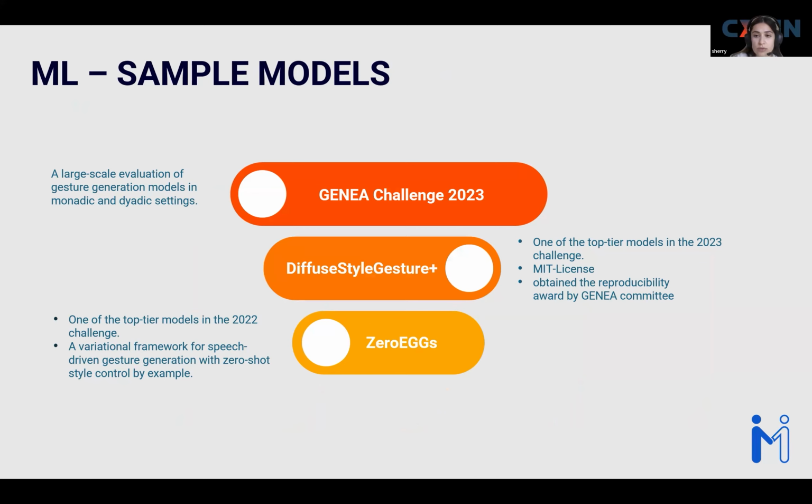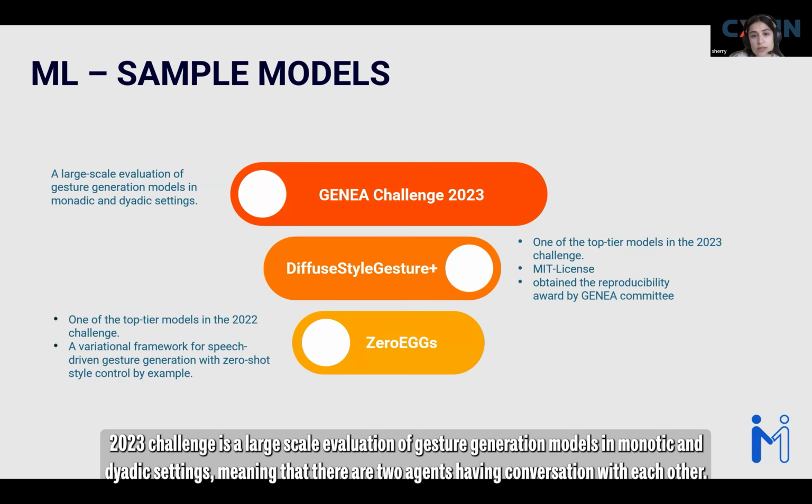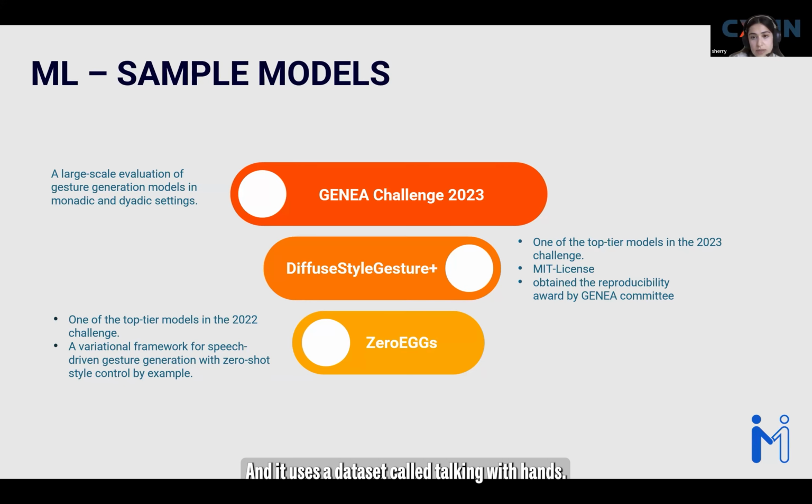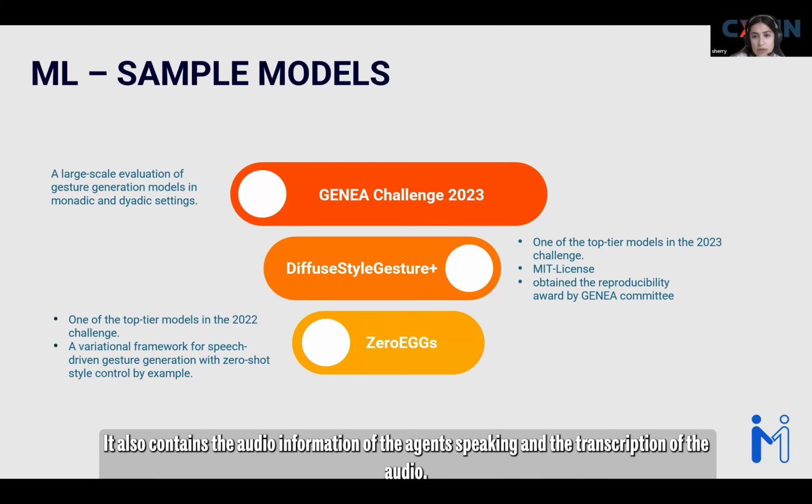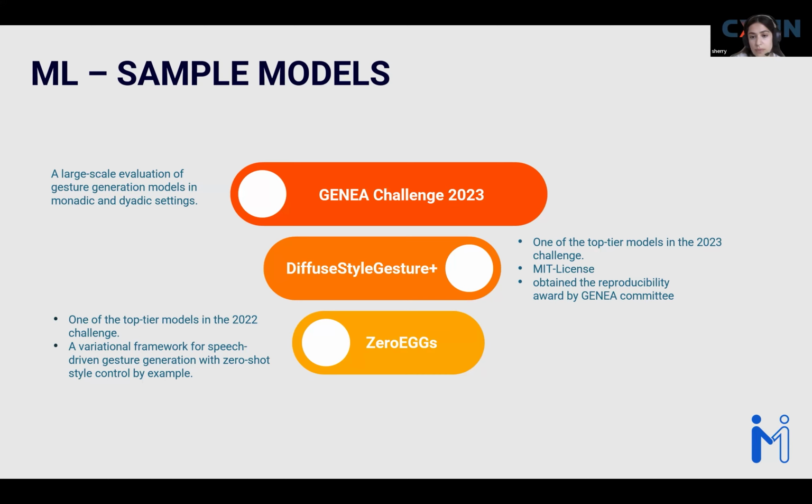It has two entries, 2023 and 2022. 2023 challenge is a large-scale evaluation of gesture generation models in monadic and dyadic settings, meaning that there are two agents having conversation with each other. And it uses a dataset called Talking with Hands. This dataset contains motion information in BVH format of the two agents. It also contains the audio information of the agents speaking and the transcription of the audio.